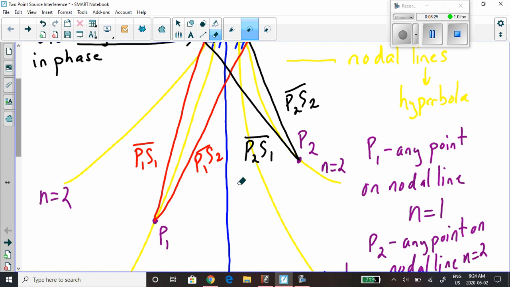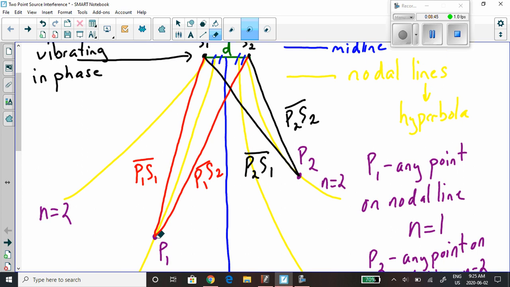And what are we identifying here? Well, we are identifying a point which I'm going to call P1, which is any point on nodal line n equals 1. There it is. It represents any point. And what I'm showing you here is that there is a length between point P1 and source 1. I'm going to call that length P1 to S1.